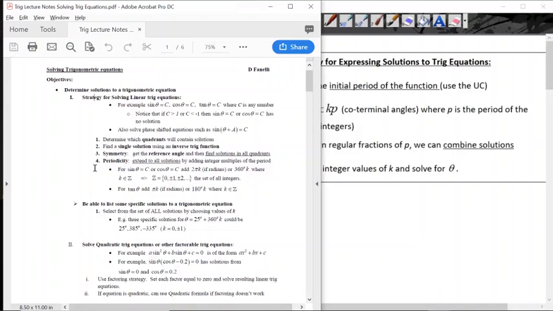So symmetry is going to play a large role here, as will also the inverse trigonometric functions that we've discussed. The inverse trigonometric functions can give us one of the solutions to a given basic trigonometric equation. Okay? That's because, again, the inverse trig functions are themselves functions, and when you use a function, you get only one output.